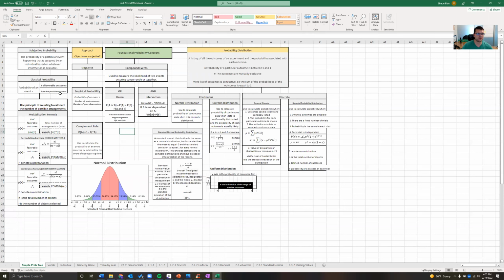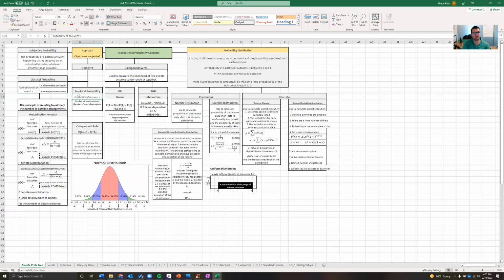So starting out, this is very similar to the Unit 2 formula sheet. It starts out with subjective, classical, and empirical probability. It says, okay, what are we dealing with? Are we dealing with subjective probability, where there's lots of things contributing to the possible probability? Are we dealing with classical probability, where you're looking at the number of favorable events divided by the number of total possible?